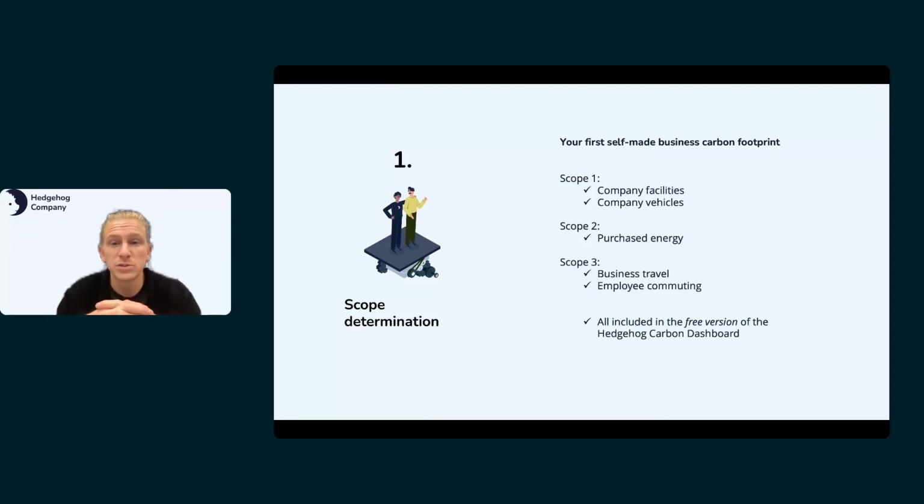All these emission sources are available in the free version of our Hedgehog Carbon Dashboard. As you will also find out later, at the moment that you want to include other scope 3 sources, for example because you are a producer or a manufacturer of anything, these emission sources tend to become very specific for your organization. And that's where we prefer to join in and guide your organization towards getting a real understanding of your business carbon footprint.